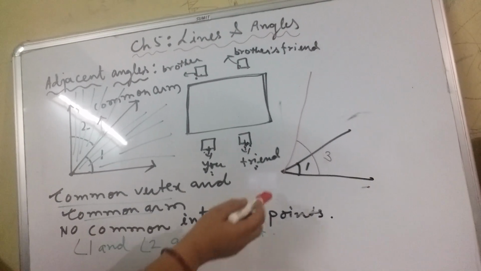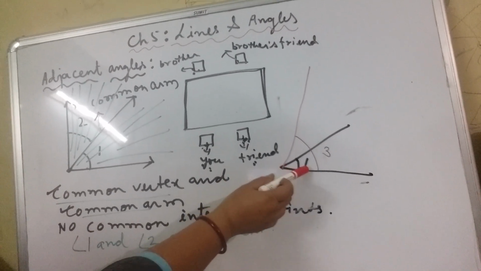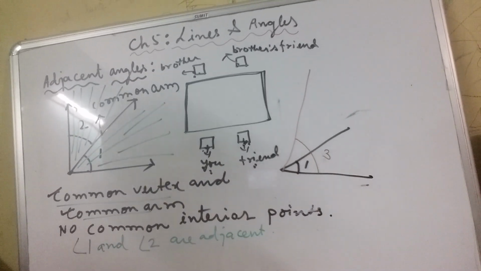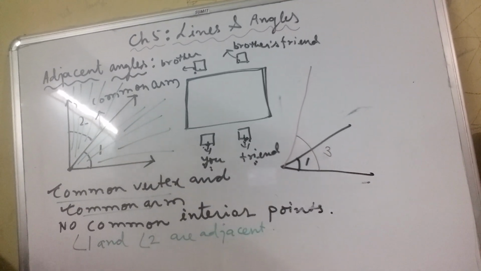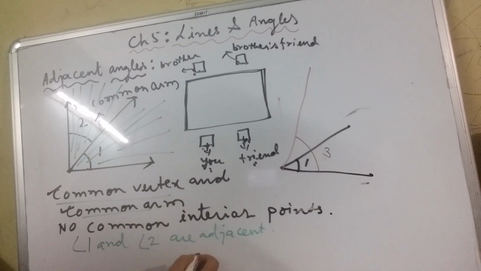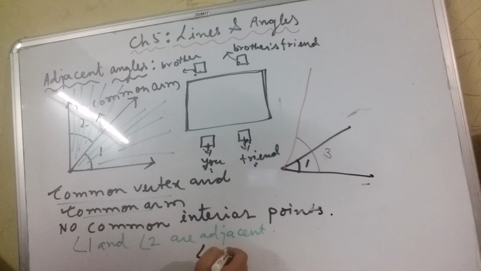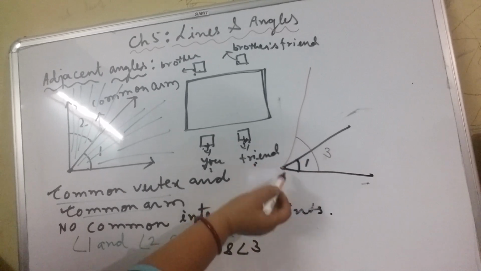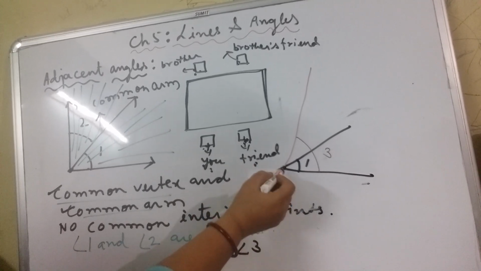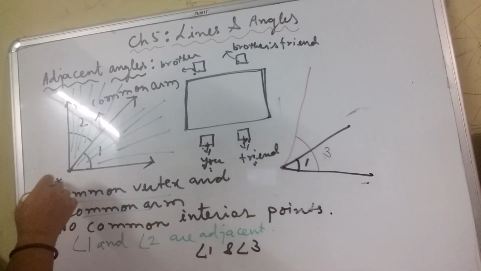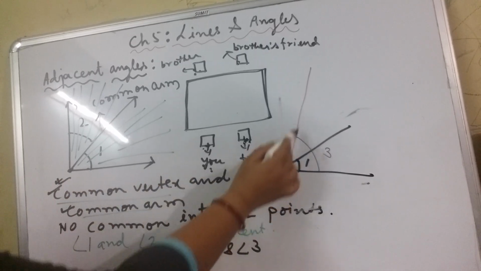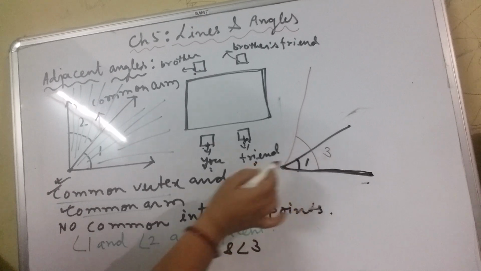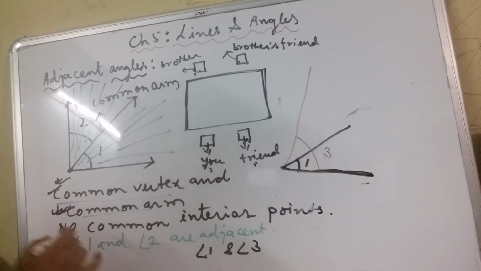Now if we take these two angles, this is angle 1 and this is angle 3. If we compare angle 1 and angle 3, this is a common vertex, so the first criterion is fulfilled. Second, both angles have this as a common arm, which is also fulfilled.